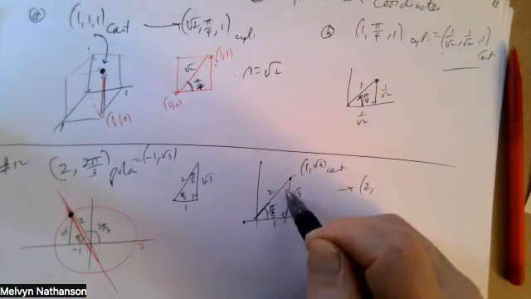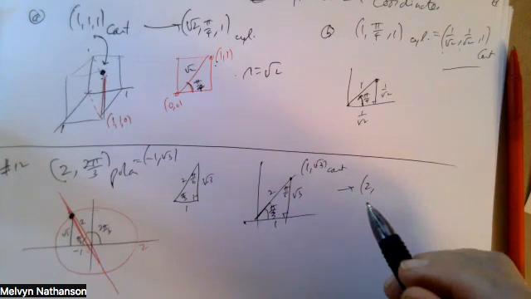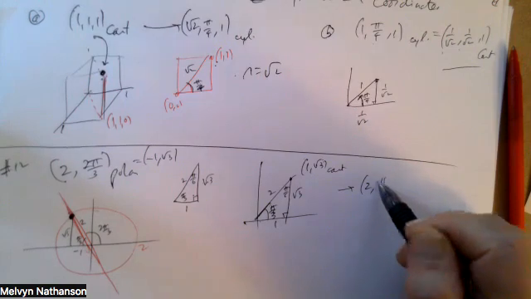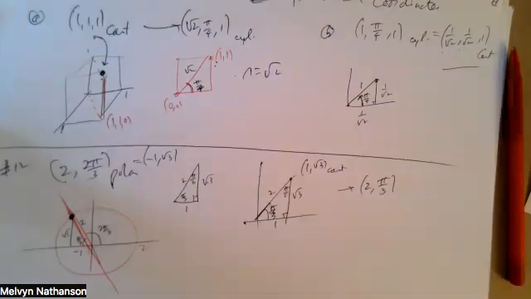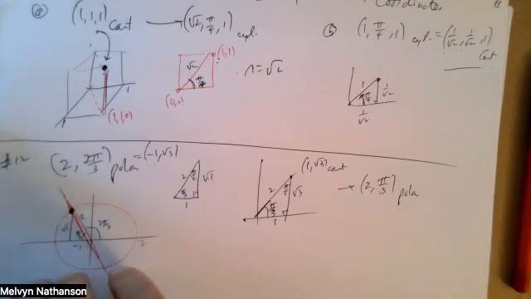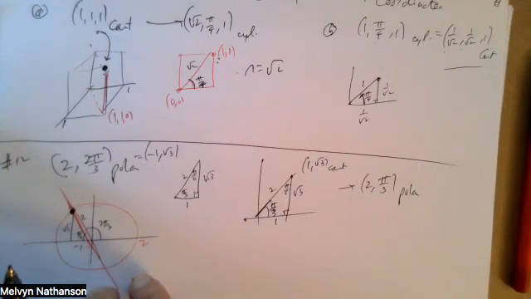Sorry, this is pi over 3, this is pi over 6. Other questions about that? Thank you.